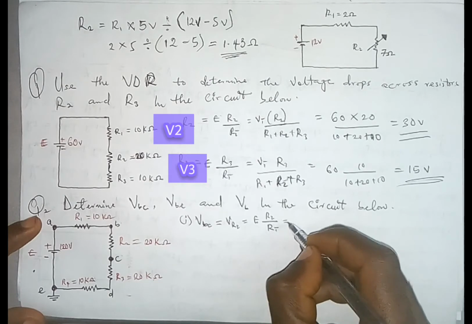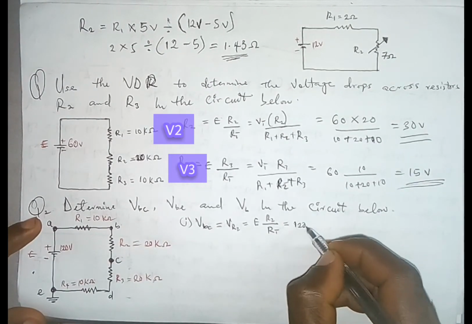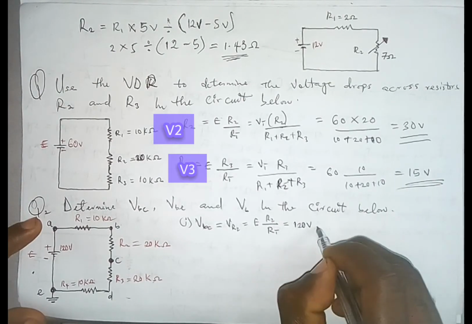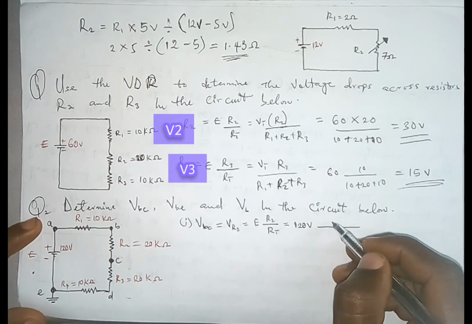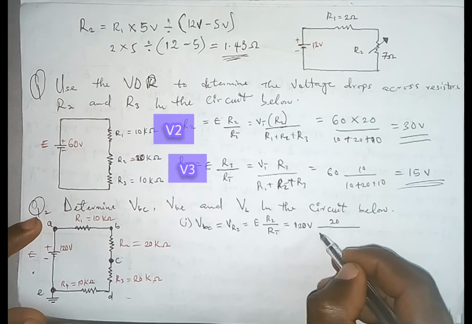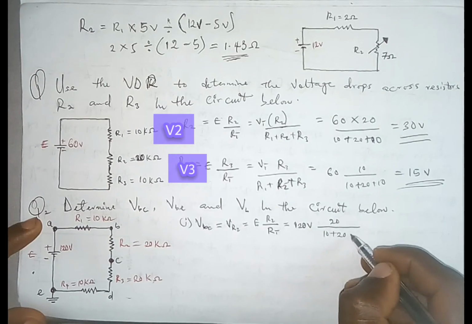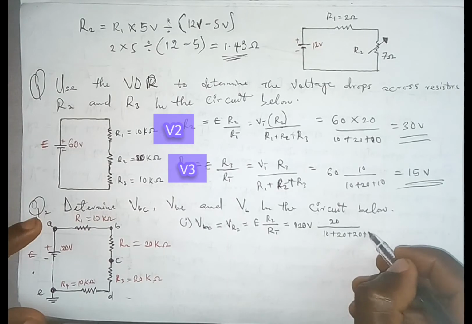So E is 120 volts, multiplied by R2, which is 20 kilo ohm, divided by R1 plus R2 plus R3, which is 10 plus 20 plus 20 plus 10.